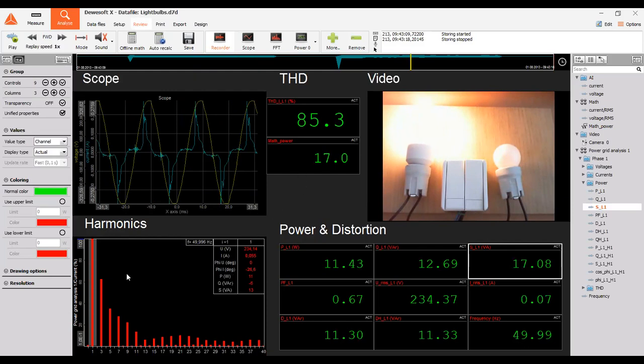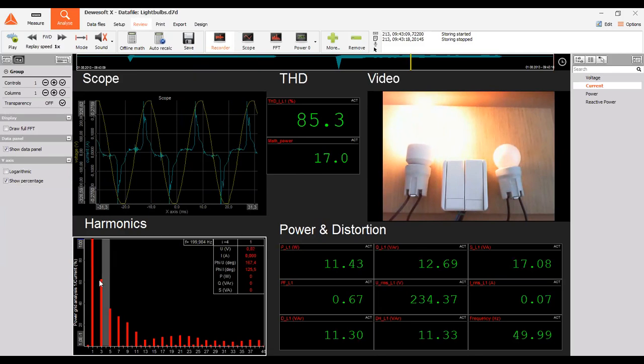On the harmonic graph, we see the third, the fifth, the seventh, and the ninth harmonics, the ninth order, sorry, they are all over 20%. So we have, for example, on the ninth order, still 12 milliamps.